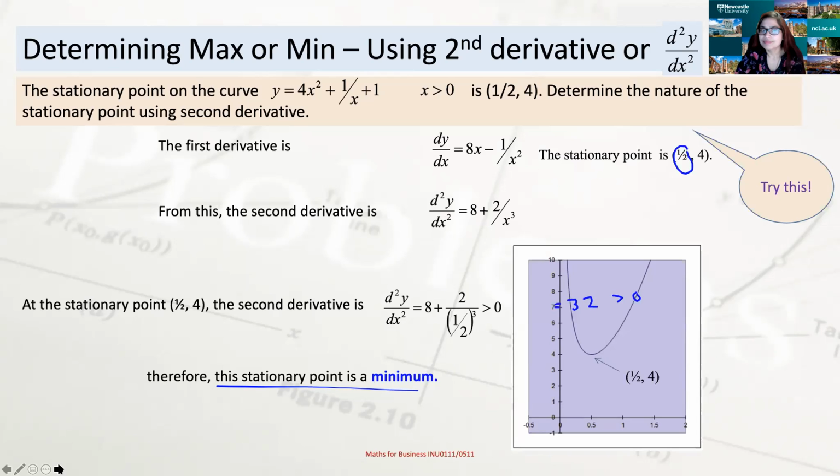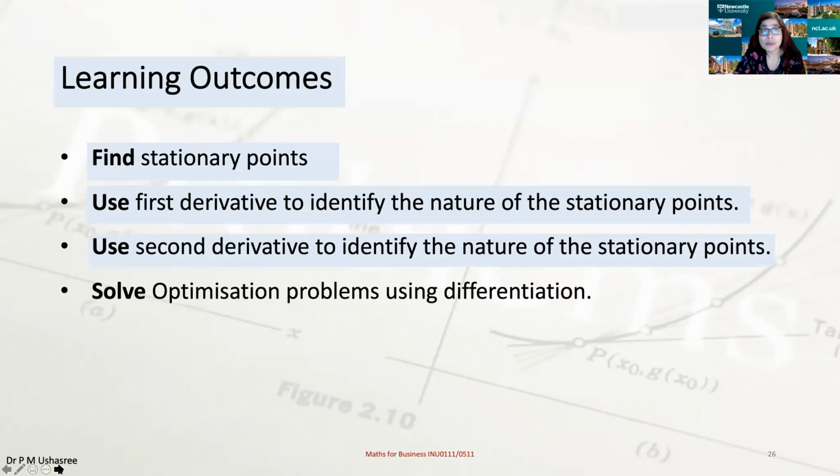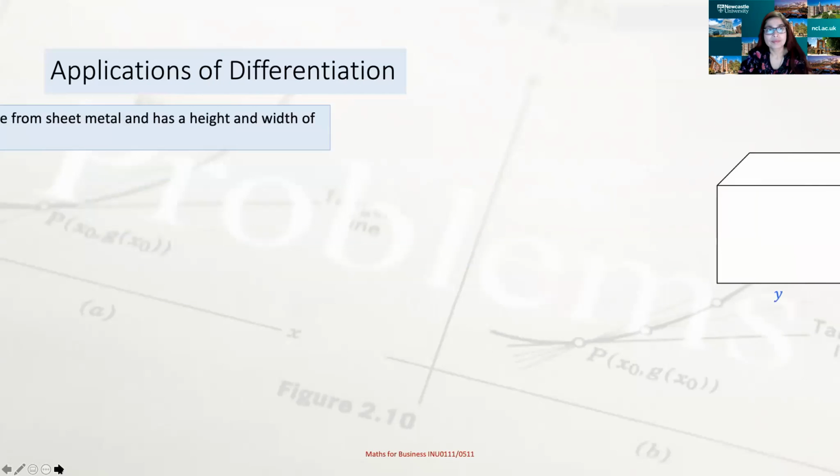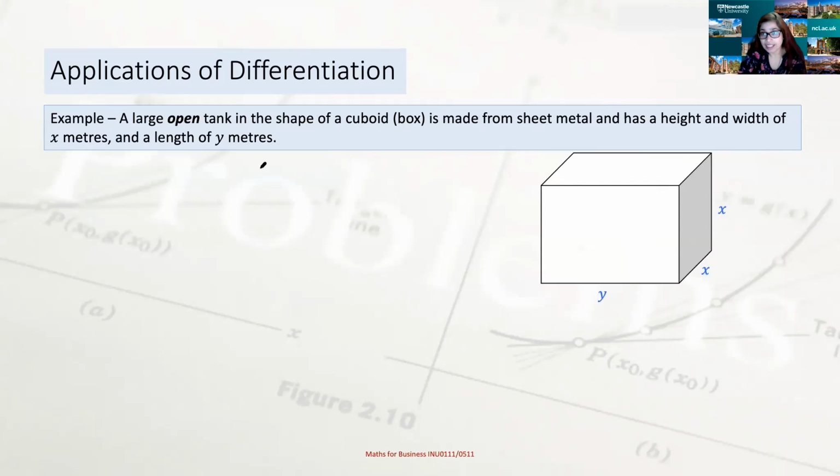Got it? Okay. Now let's use differentiation as a tool for solving optimization problems. We have seen that in week 9, we used linear programming as a tool for solving optimization problems. That is, our function was always linear. In that case, we used it to find the maximum and minimum values, like maximum profit, minimum loss.